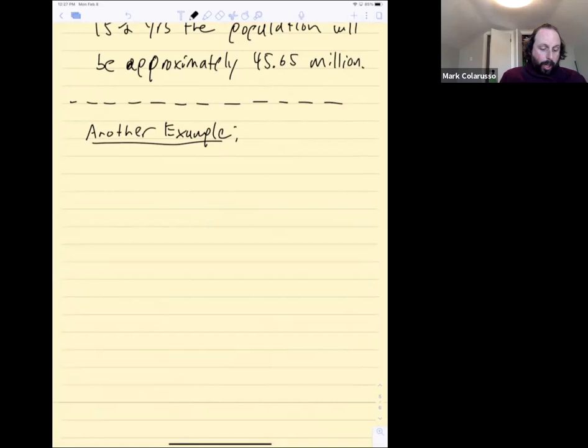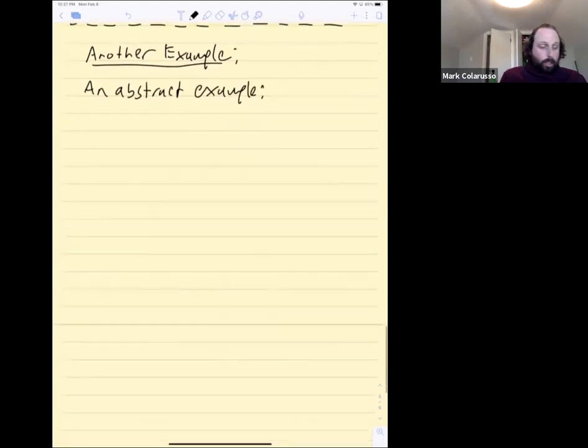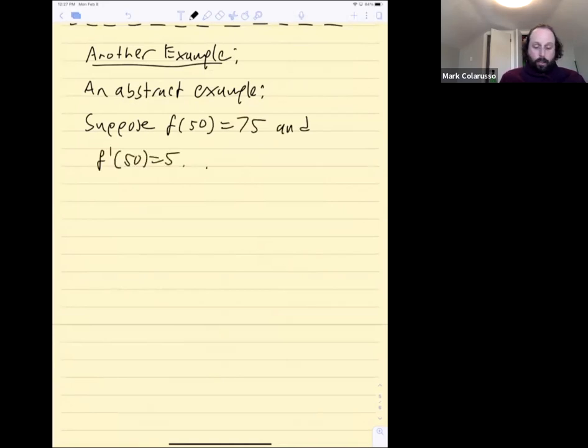So this is an abstract example. Suppose we are told that f of 50 equals 75 and f prime of 50 equals 5. Approximate f of 52 and f of 47.